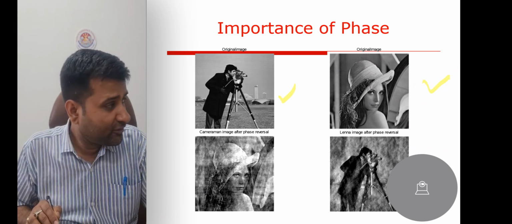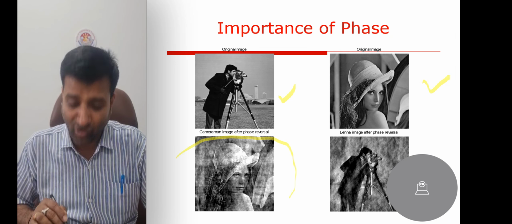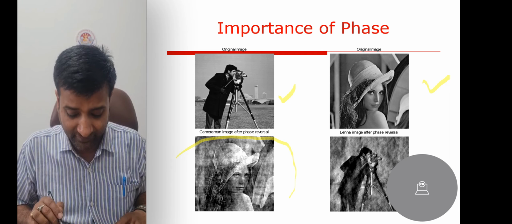In the second image, you have the Lena image after phase reversal, where the cameraman features are dominant. This is the importance of phase in image processing.